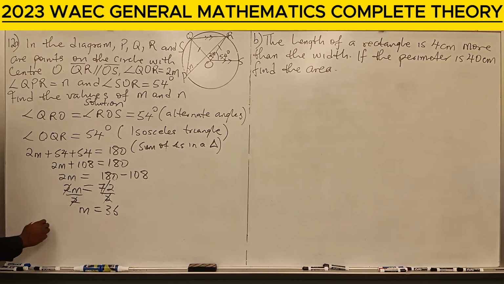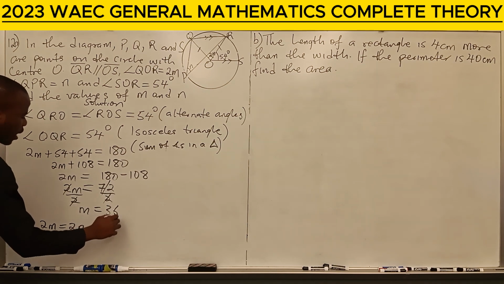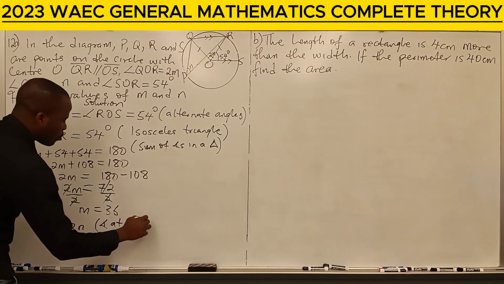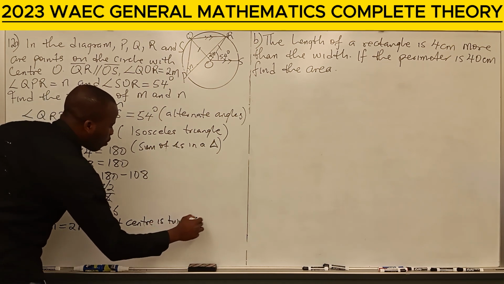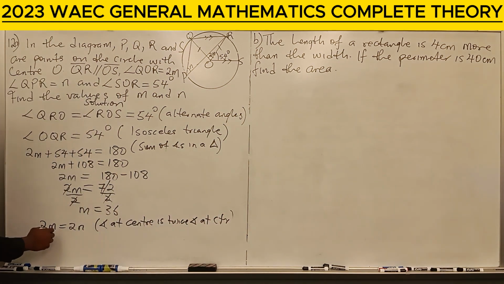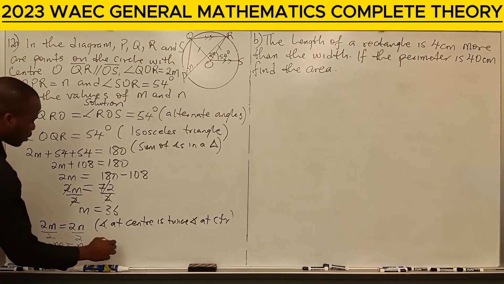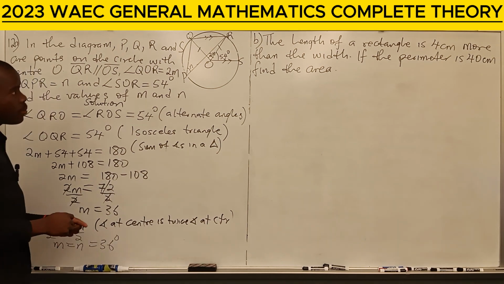So 2M equals twice N. The reason is angle at center is twice angle at circumference. So if you divide by 2, M is equal to N, equal to 36. So our N is 36 degrees.